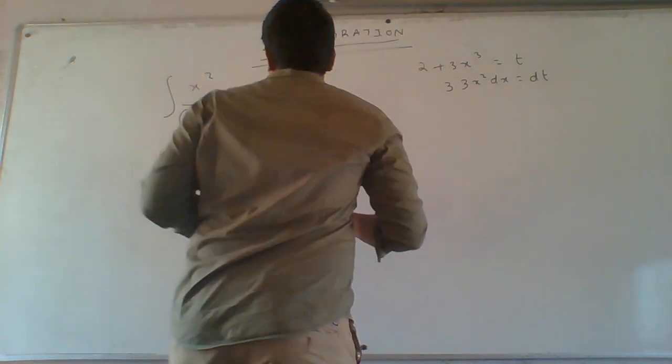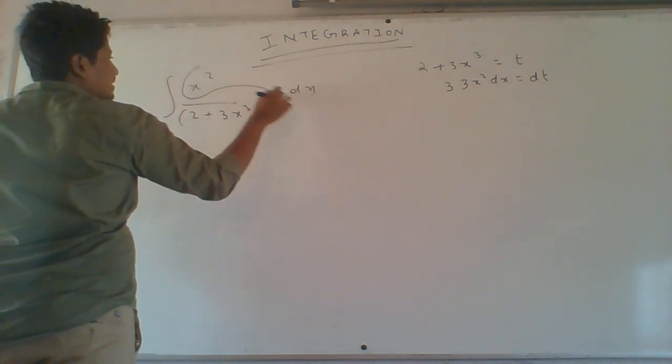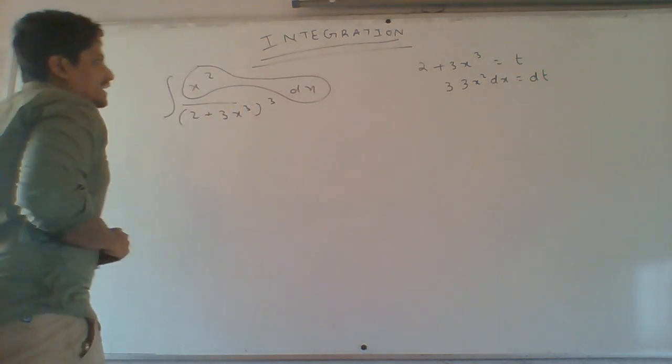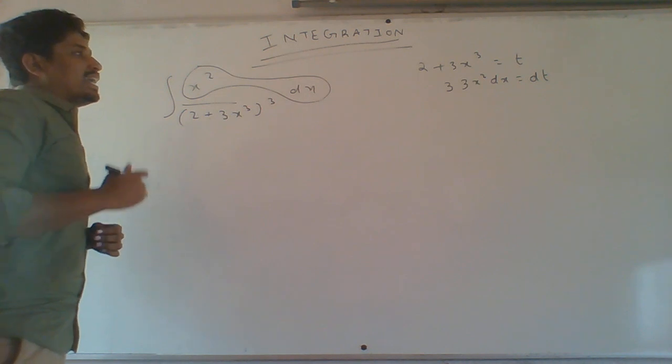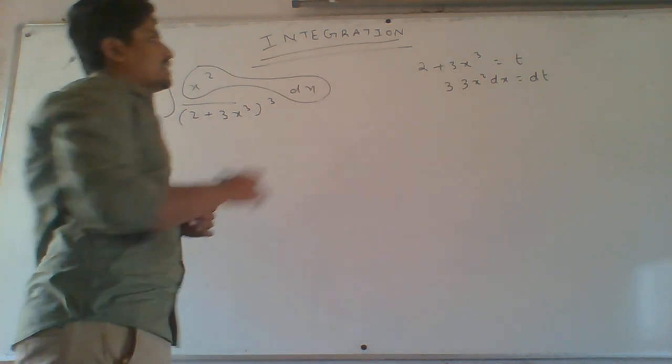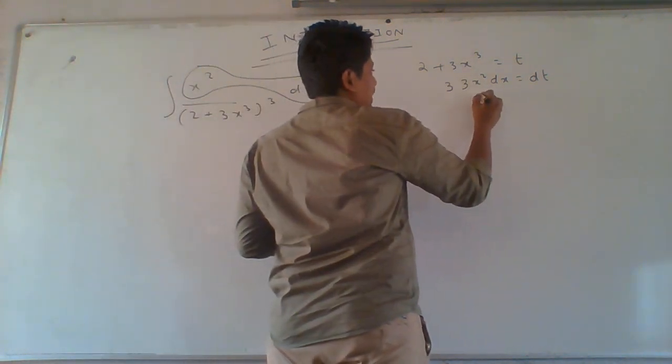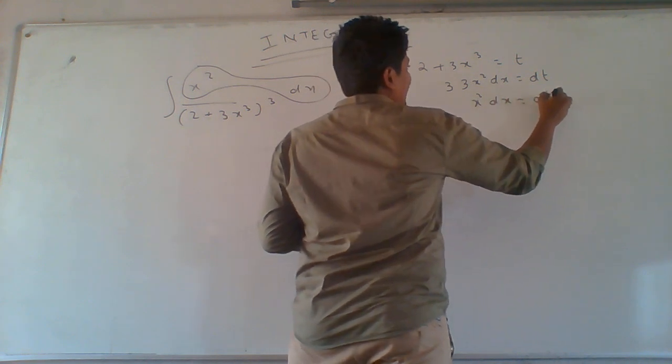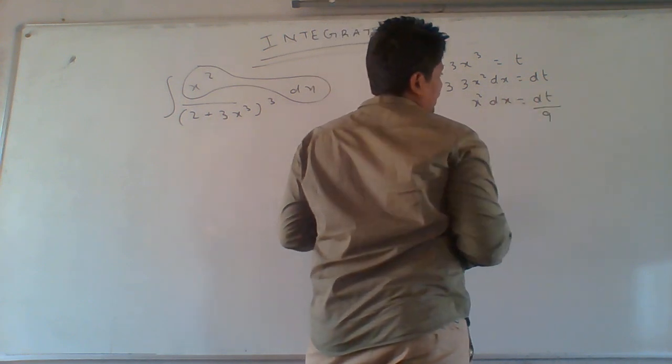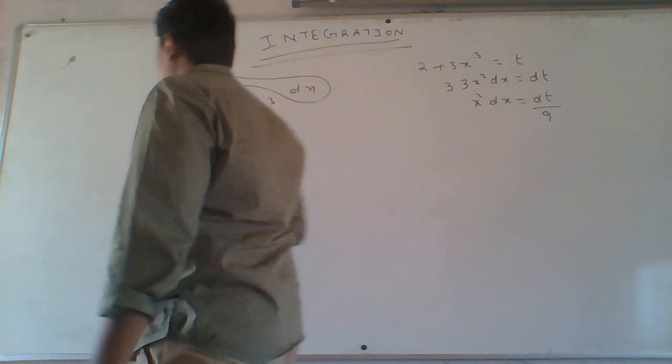Now what is here? Here it is only x square dx. Keep x square dx aside and send all others to that side. Then x square dx equals dt by 9.